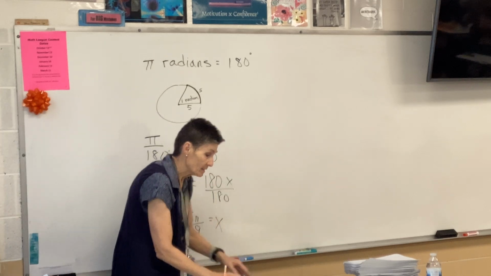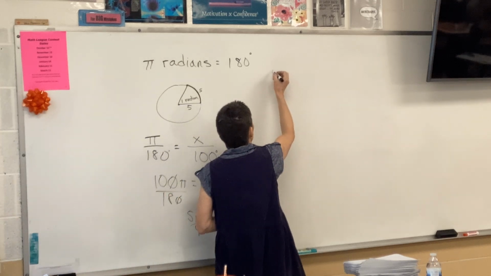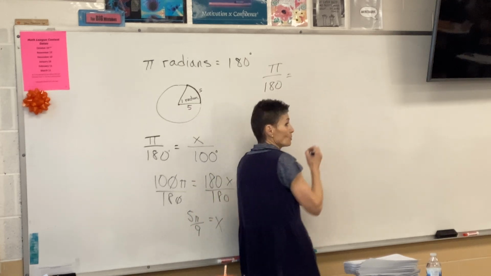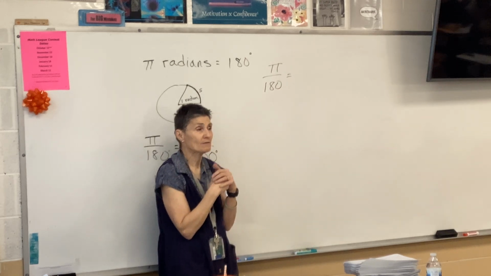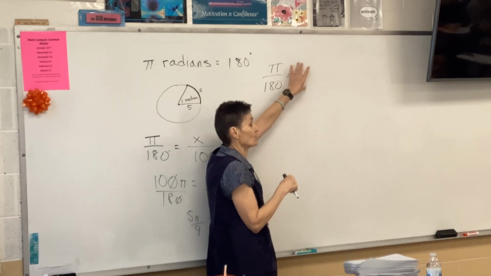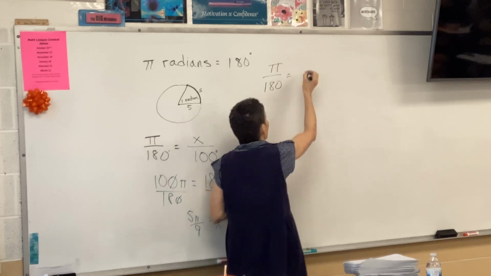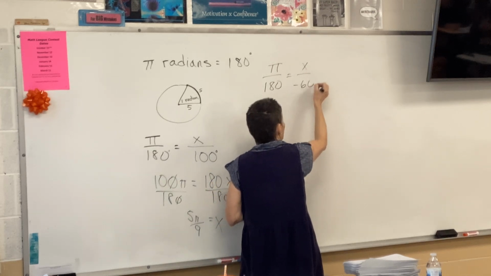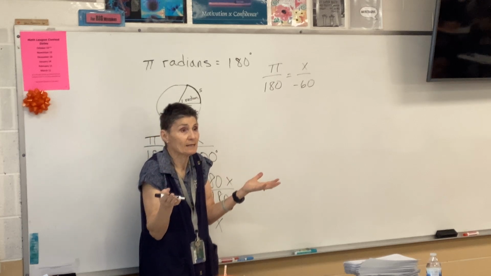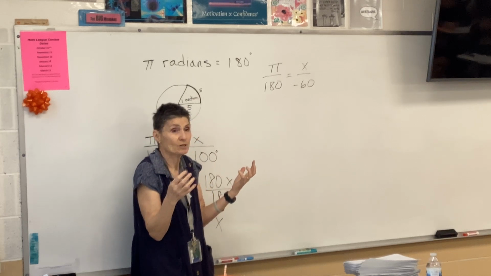Okay. Negative 60. pi over 180 equals what? I'm changing negative 60 degrees into radians. So what's going to be this fraction? X over negative 60. The negative doesn't change a thing. I mean, obviously my answer is going to end up being negative, but it isn't going to change a thing.